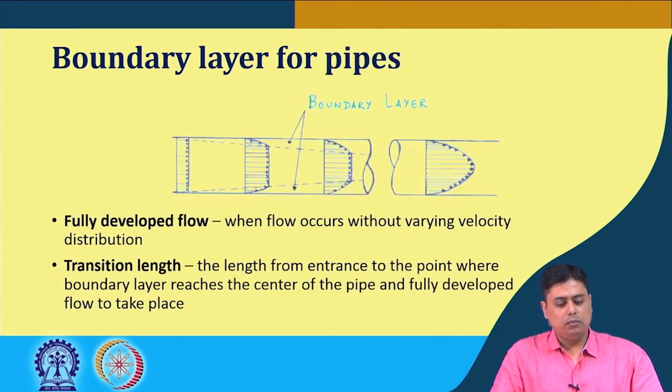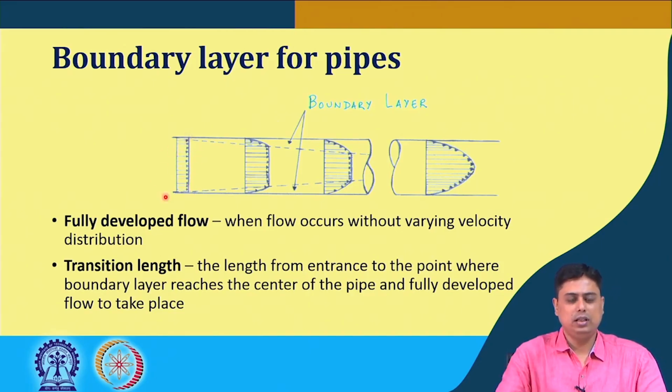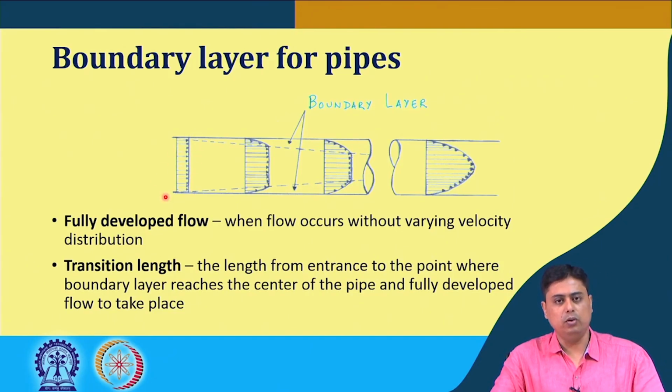Now, the point is how the boundary layer develops. This concept you have possibly already seen in your previous fluid mechanics class: let us say a uniform velocity comes into a pipe or a conduit.